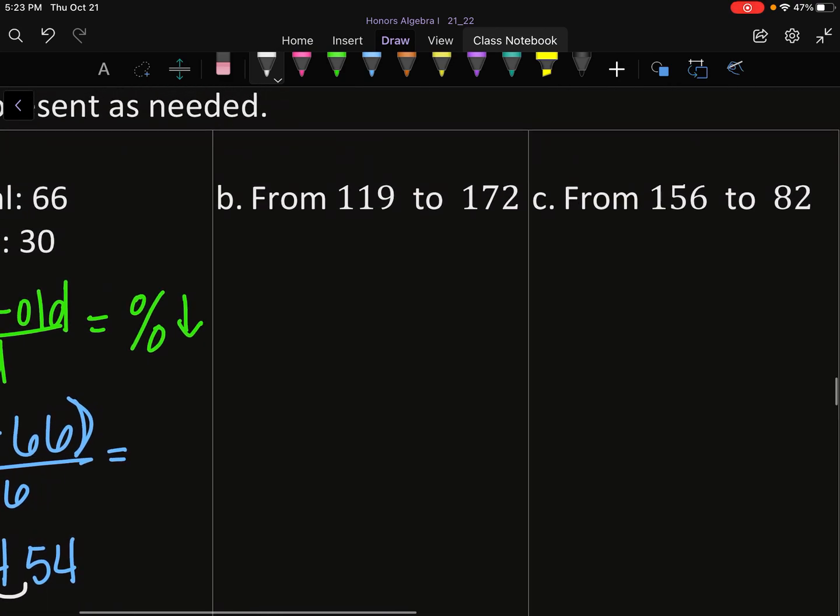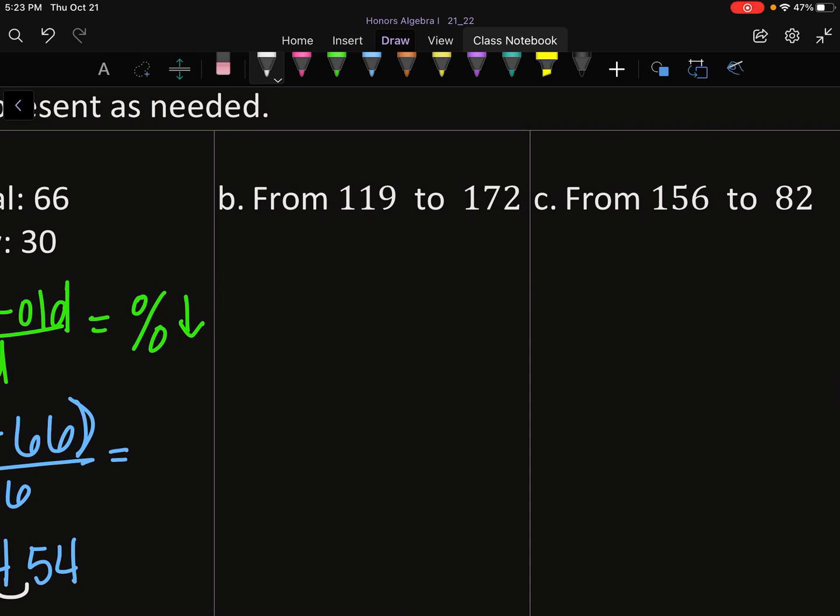All right, how about the next one? From 110 to 172. So it is an increase. We can label this as the old and this as the new. So our new minus old over old.